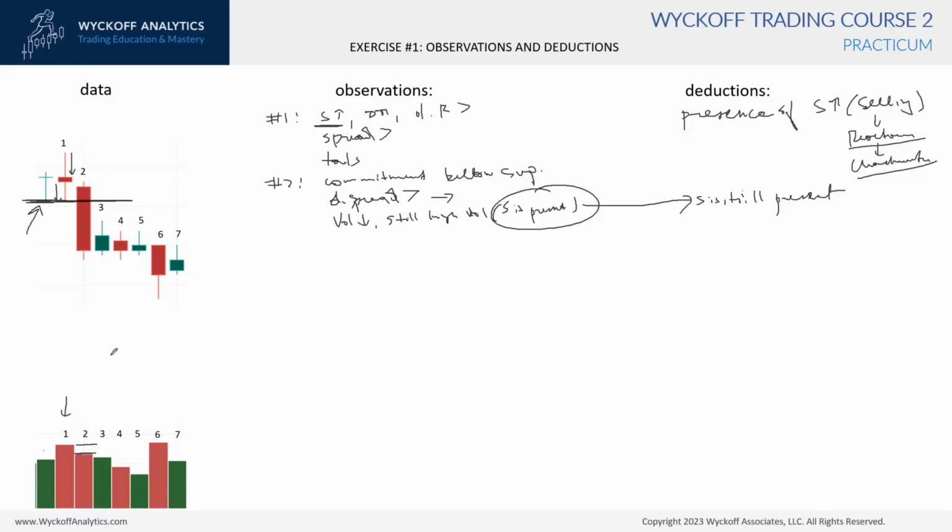Okay. And then also, what about the extension into the close or into the low below the support? Is it significant? I would say so. Significant extension below support. And what kind of deduction would we have about that?